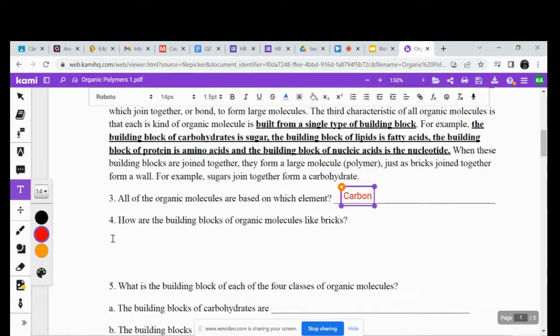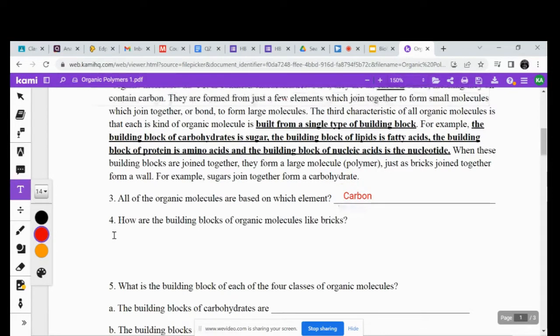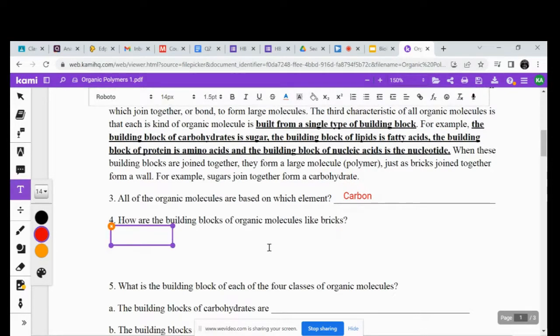How are the building blocks of organic molecules like bricks? Well, you put a lot of what's called monomers. Monomers are small molecules. They're like little Legos. And if you put those little Legos together, you're going to make the large organic macromolecules.